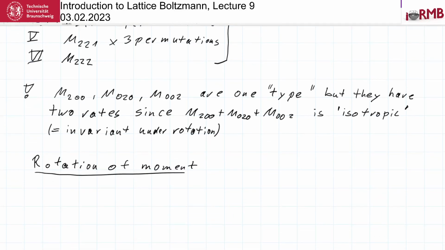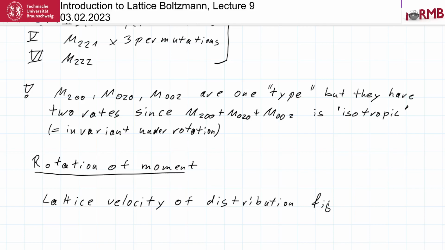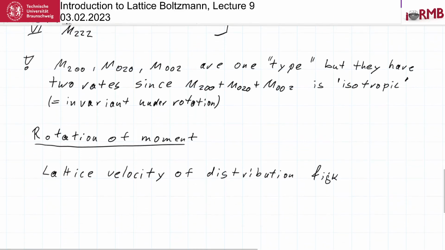so let's look at our lattice velocities. No, the lattice velocity for the distributions Fij. So if you go back to the first and second lecture, yeah, we had the velocity of the particle xi as the vector xi.